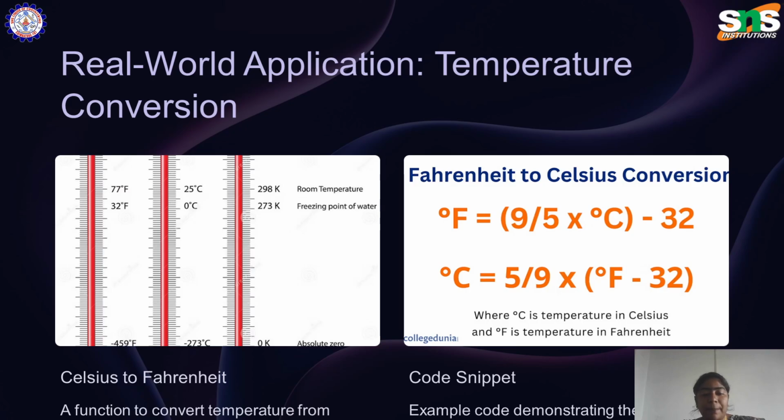Then what is the printing statement? 25 degrees Celsius is, within a curly bracket, temperature, degrees Fahrenheit. What is the output then? 25 degrees Celsius is 77.0 degrees Fahrenheit. Here, in this example, the Celsius to Fahrenheit function converts the temperature from Celsius to Fahrenheit using the formula Celsius multiplied by 9 by 5 plus 32. The converted temperature is printed at last.